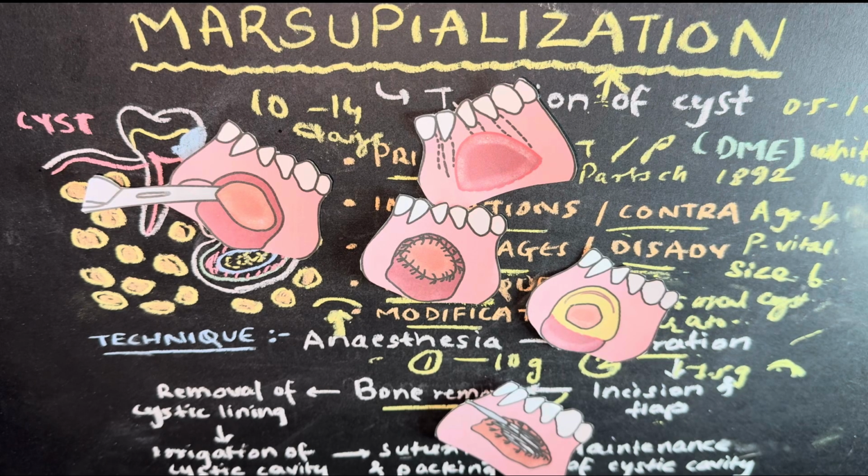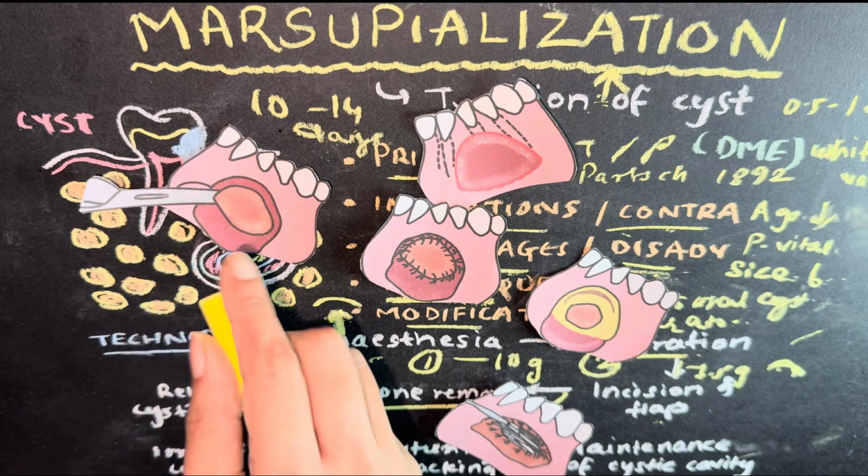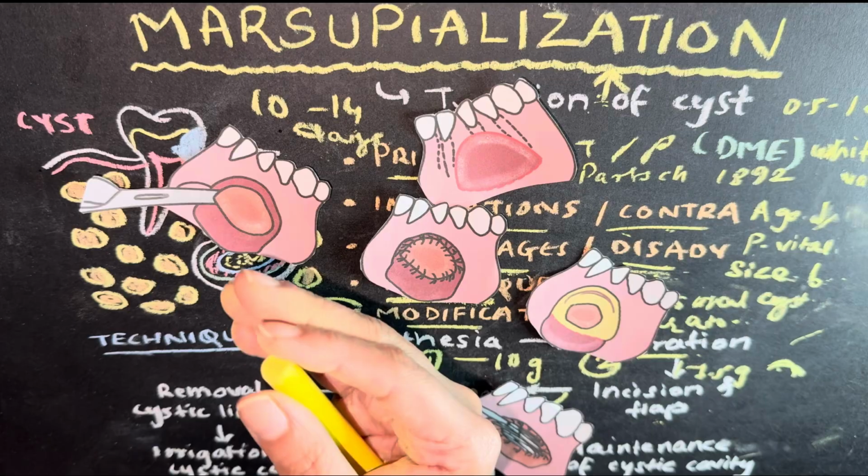Hence, careful instructions are given to the patient regarding cleaning and irrigation of the cavity by regular flushing with the oral antiseptic rinse. After 10 days in a large cyst, analgesia is given for changing the first dressing, and the cavity is repacked for some days until healing is seen. If the cyst is large, you repack it again until complete healing is seen.